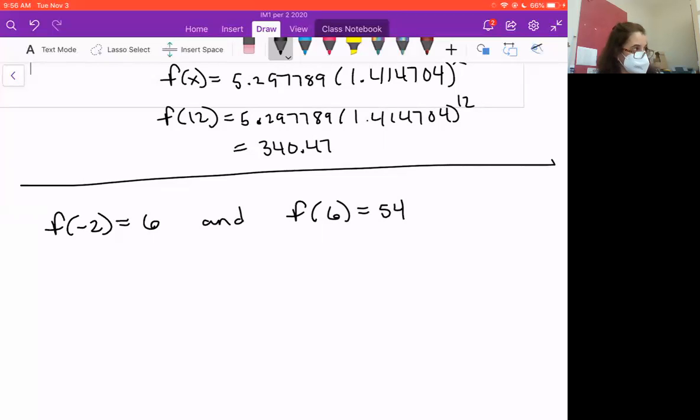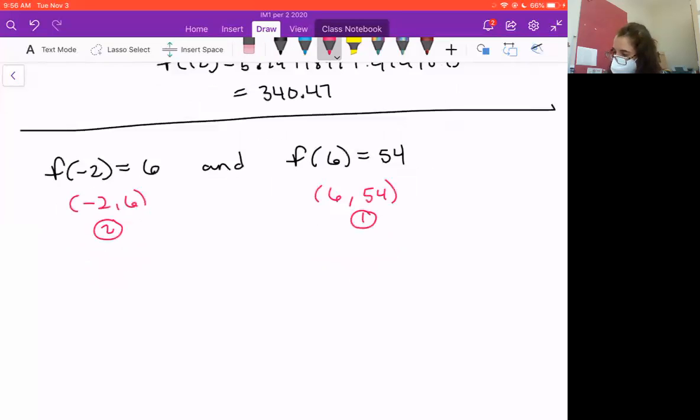So here's a point, here's a point. Now remember, the number in the parentheses is the x, this number is the y. So -2, 6 is the first point, and over here, 6, 54 is my second point. But I'm going to do this one first in my equation and that one second.